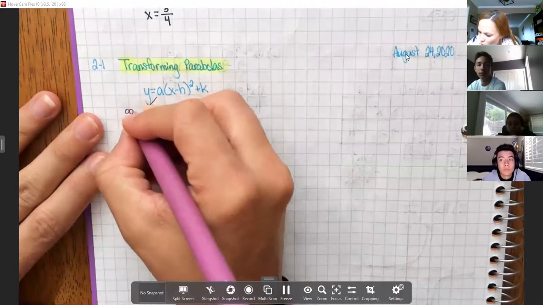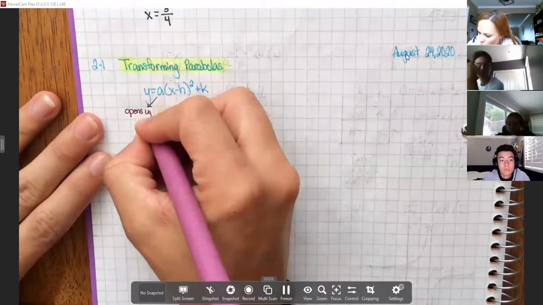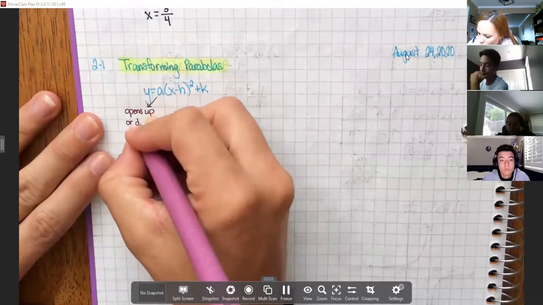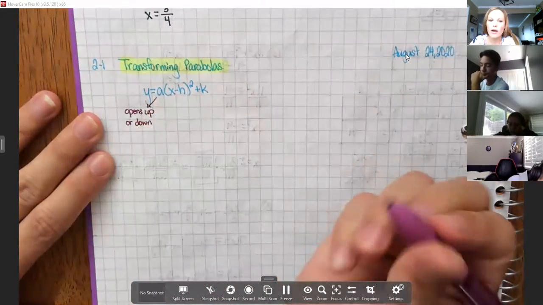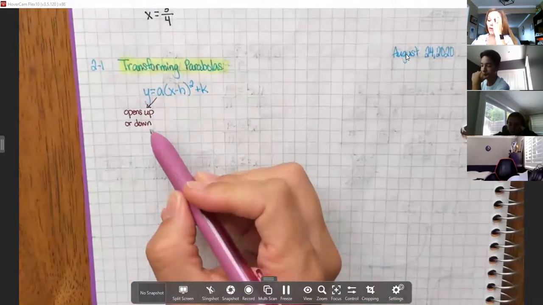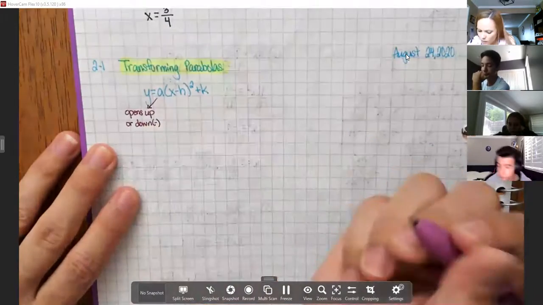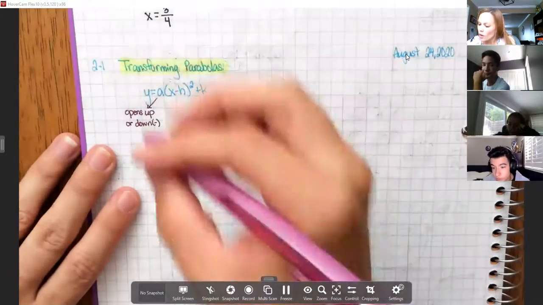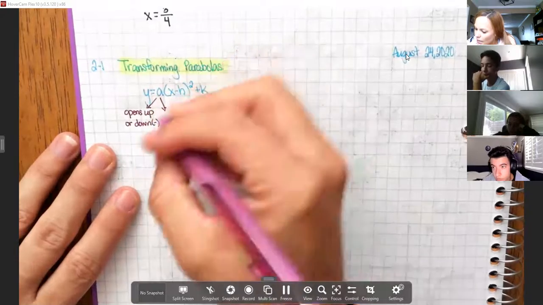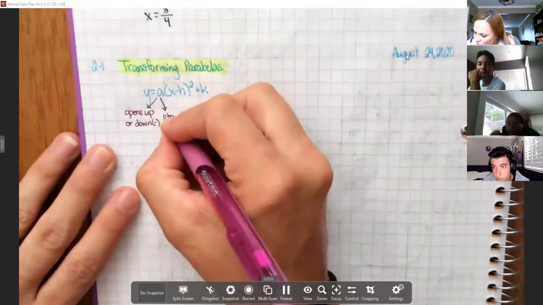A tells you if it opens up or down. And hopefully we remember down is if it's negative. And A is also what we call the stretch factor.